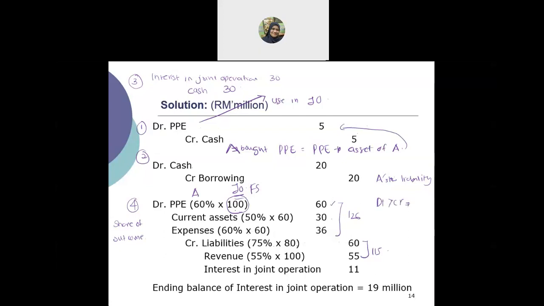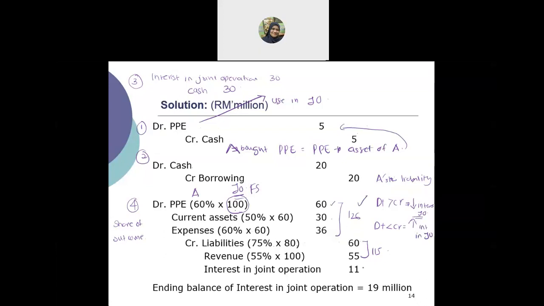Once your debit is more than credit, it means you're going to reduce your interest in joint operations. If your debit is lower than your credit side, you're going to increase your interest in joint operations. In this case, the debit is more than your credit, so you reduce your interest in joint operation.